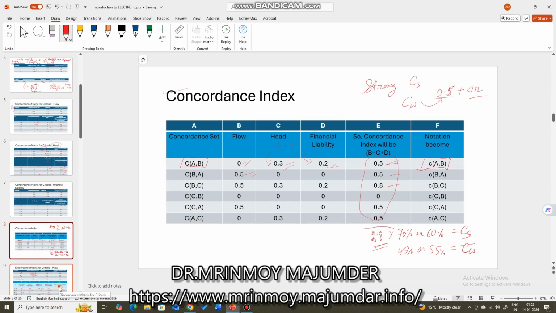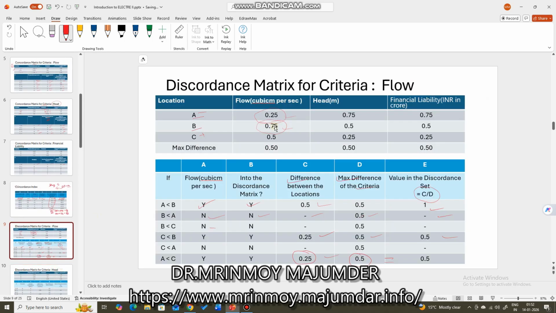And for the discordance index, what happened? For the discordance index, if A is less than B, here we talk about less than B, not greater than B, then we calculate the difference between A and B and divide it by the maximum difference that exists between the alternatives for that criteria.